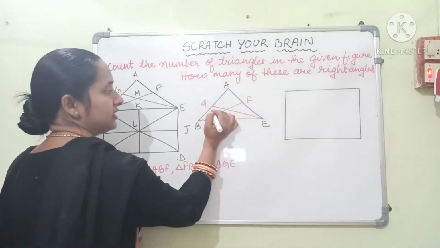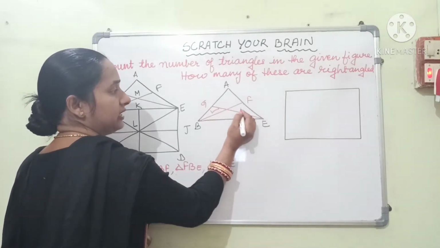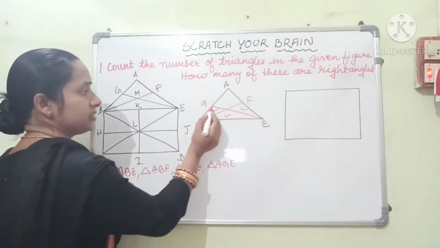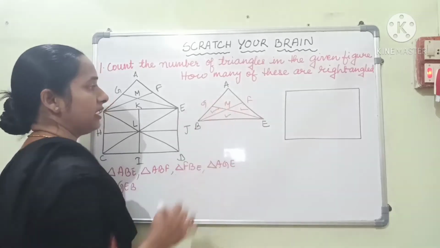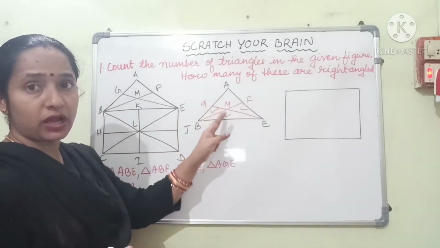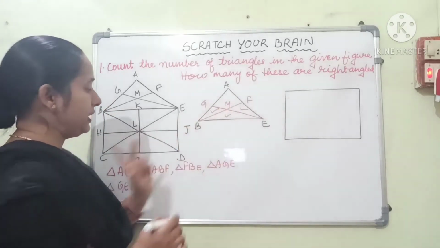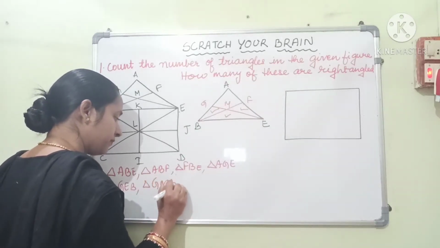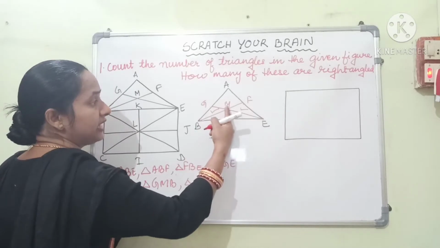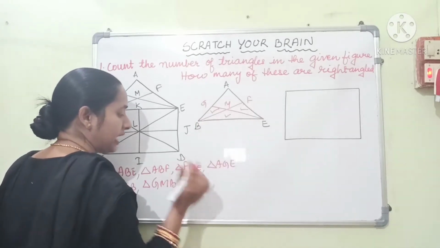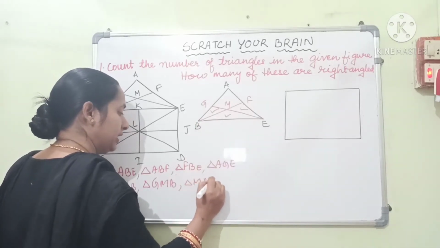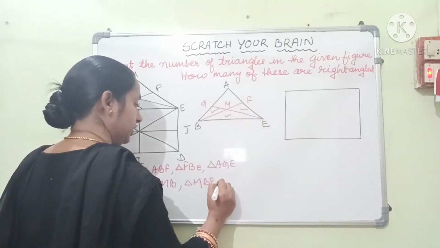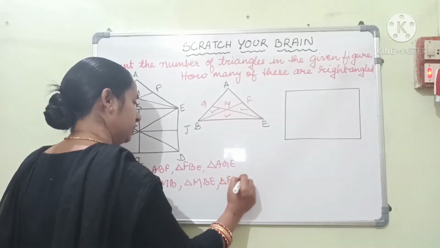Here one triangle is formed, here another one, and here is the third one. Three more triangles are formed here. This point is marked as M. Now, GMB is one of the triangles, and the other triangle is MBE, and the last one is triangle FME.